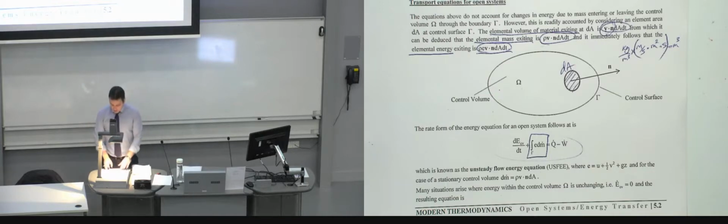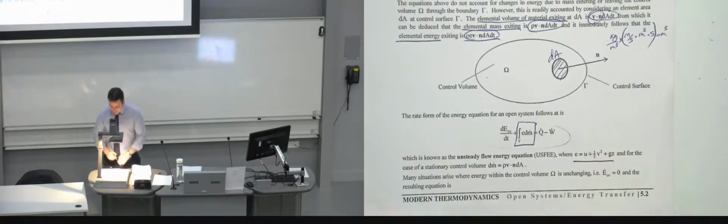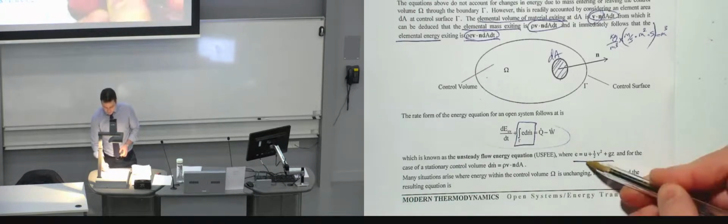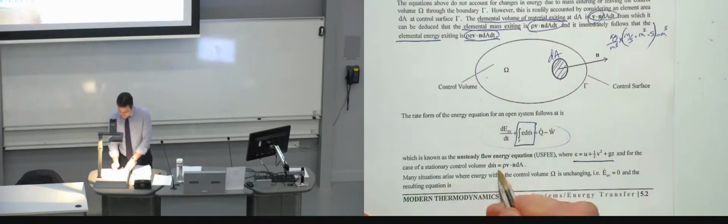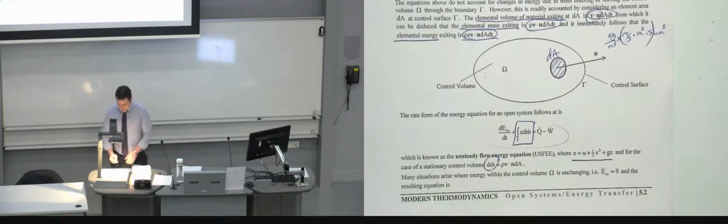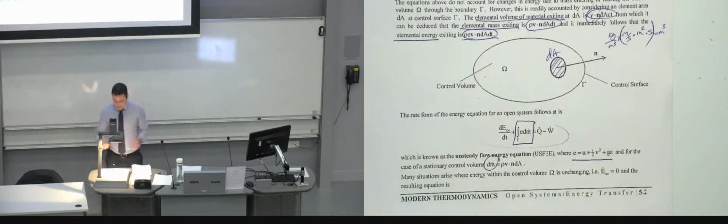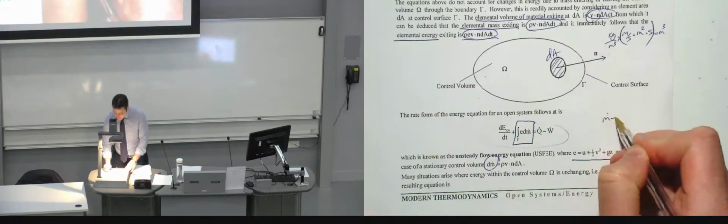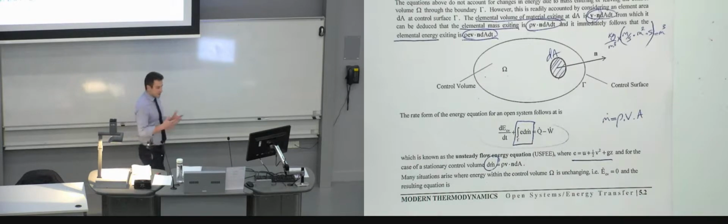Again, let's remind ourselves that the E has three components: intrinsic internal energy, kinetic energy, and potential energy. So let's be clear on that. And the mass flow rate, dm, is really rho V dot N dA. It's the same as the normal equation that you would say for the mass flow rate, rho VA, V representing the velocity.